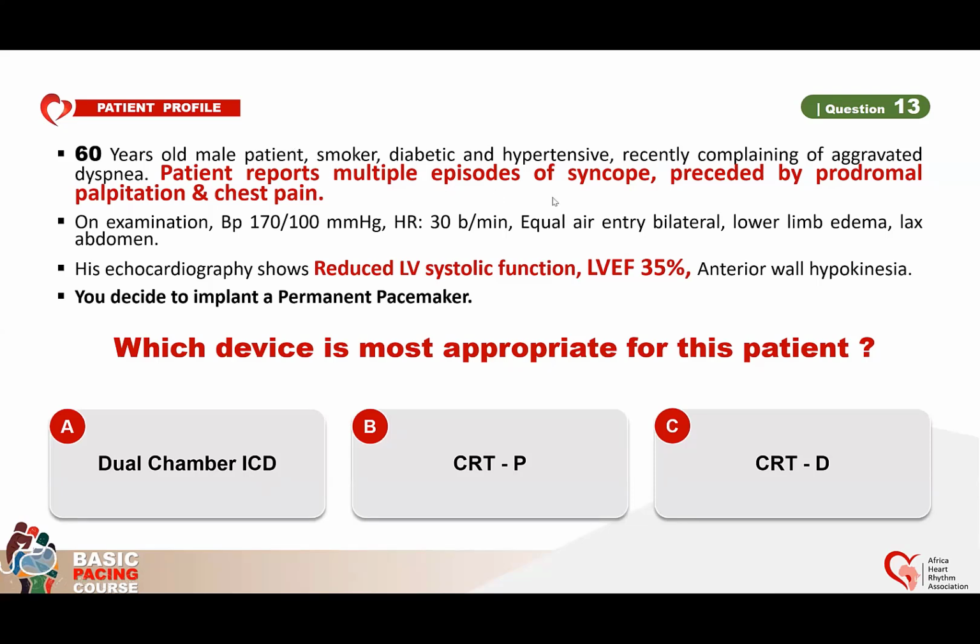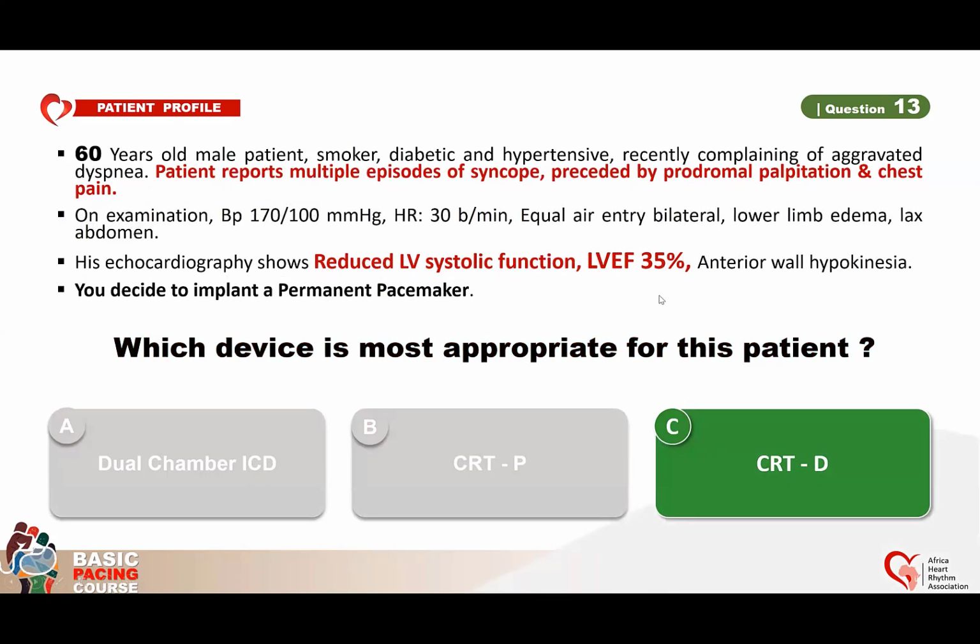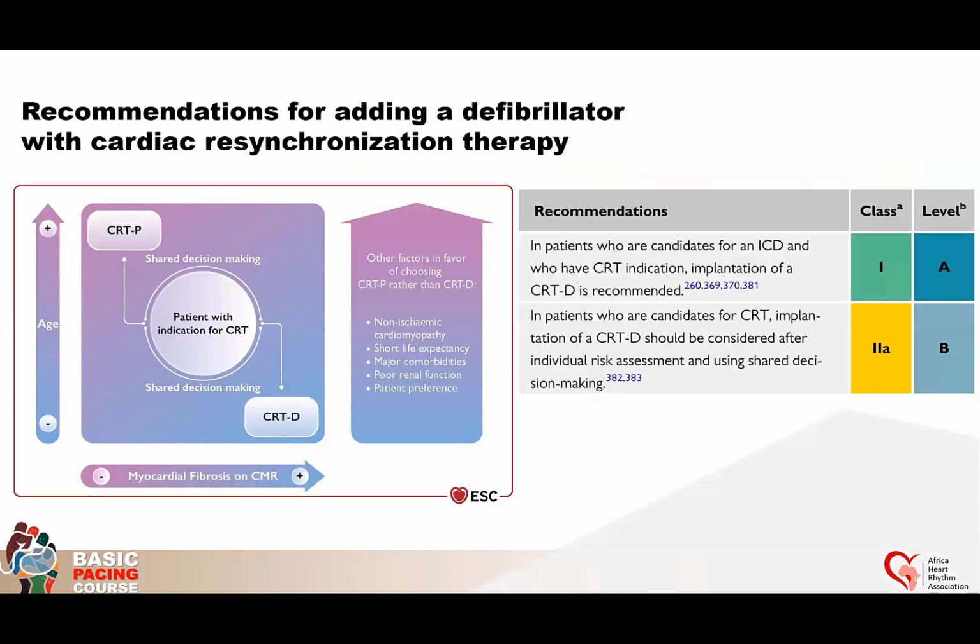And this is a high-risk patient with also a conventional cutoff point indication, the cutoff point of the LV ejection fraction of 35, he is indicated to add the defibrillator option into his implant. And actually, this is an element of debate. Yes, we have class 1A in the latest guidelines for patients who are candidates for ICD and are indicated for CRT.